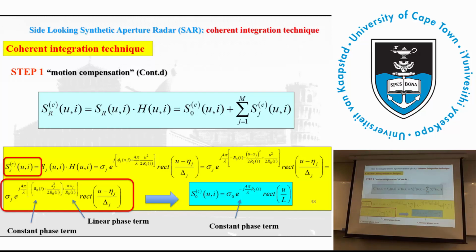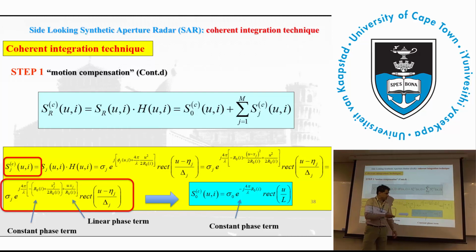I will see why this is compensated. In fact, if I write down the expression and calculate this multiplication, what I obtain for the particular S0 or C is this expression here. This expression contains sigma 0, which is my reflectivity function, and a constant phase.